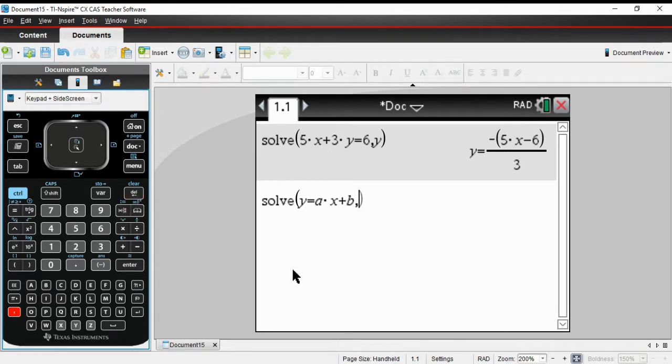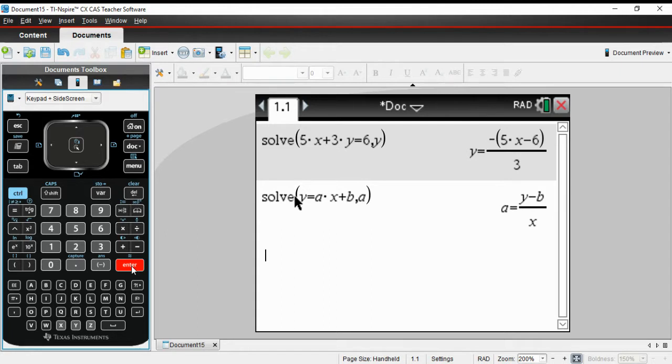So I want to get rid of the x, I want to get rid of the b, and I want a by itself. So I'll put in comma a, and I close the bracket. Then hit enter. So I've now got a value for a, and it is y minus b divided by x. So if I had y and b and x, I could solve for a.